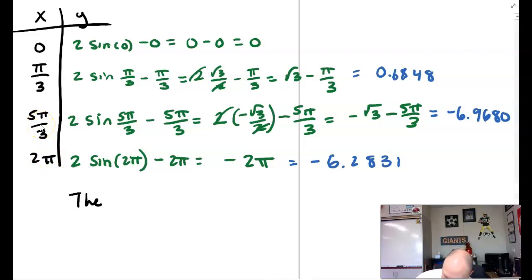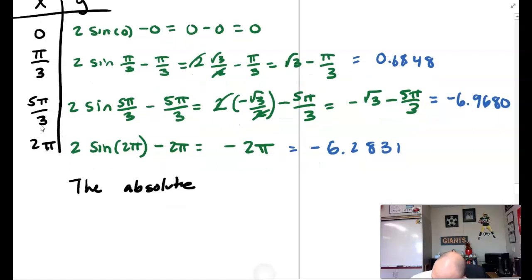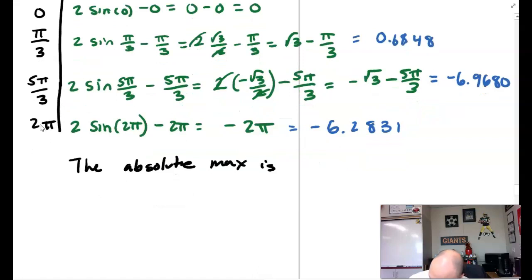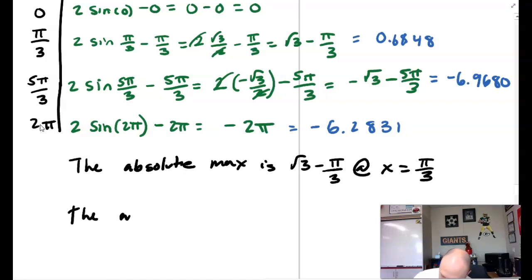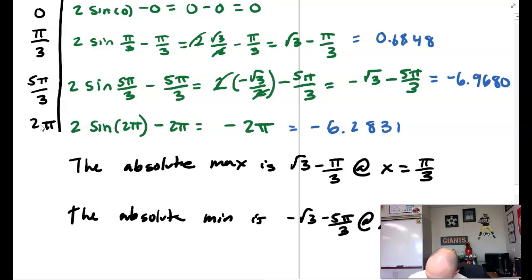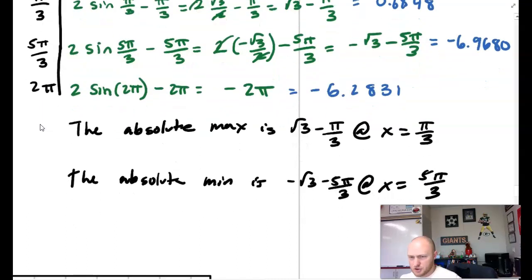So we can say the absolute max is root 3 minus pi over 3 at x is equal to pi thirds, and the absolute min is negative root 3 minus 5 pi over 3 at x equals 5 pi over 3. Okay? And there you have it, the trig example.